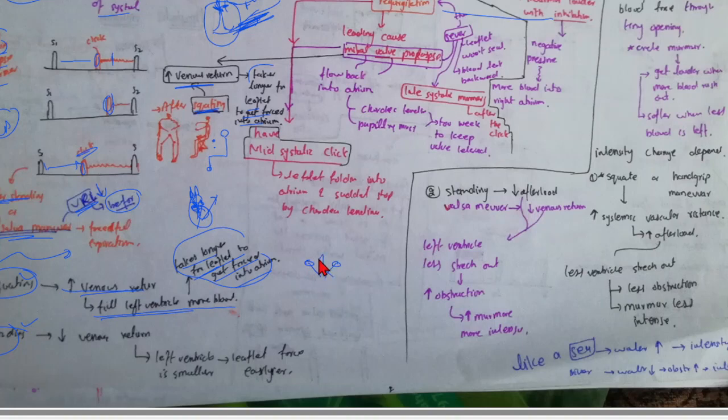In standing, venous return is decreased, so the left ventricle is smaller and the leaflet is forced earlier. This is the simple reason behind it.